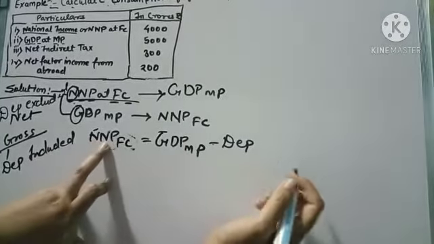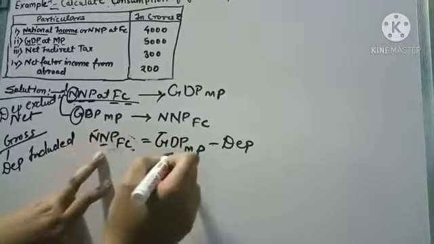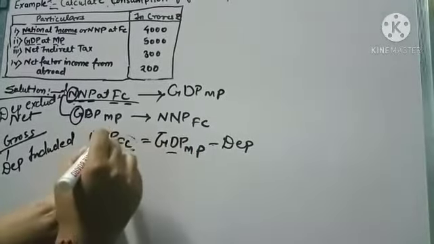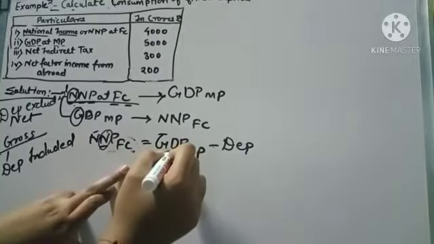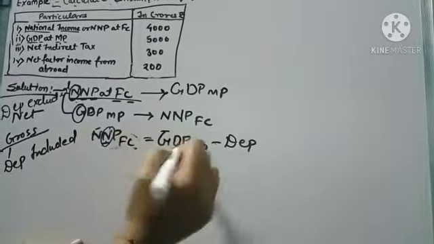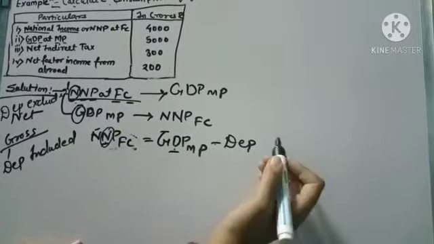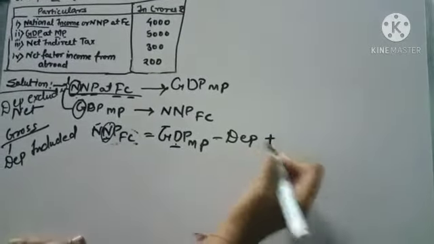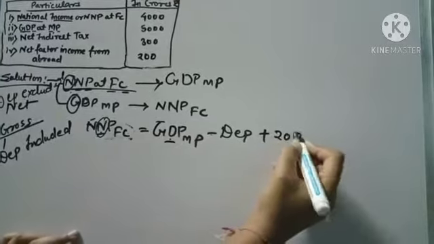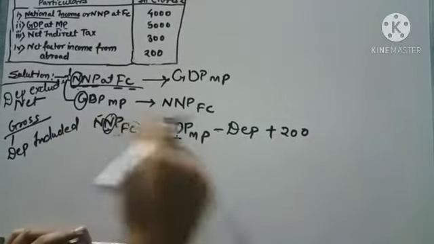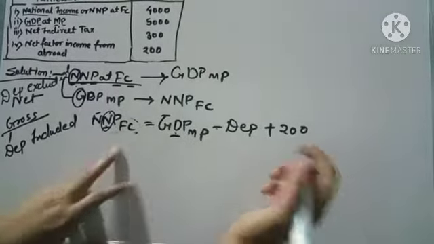The second thing here is national and domestic. The term N represents national and the term D represents domestic. The difference between the national and domestic is the NFIA. To convert the domestic into national, we have to include the NFIA. And the third thing here is FC.